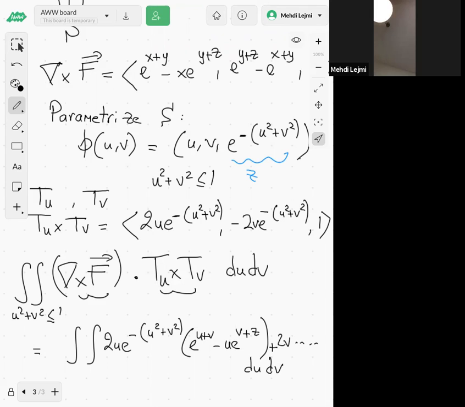Anyway, all I'm saying, guys, is that you're going to end up with a very hard integral to compute. It's going to be very long.